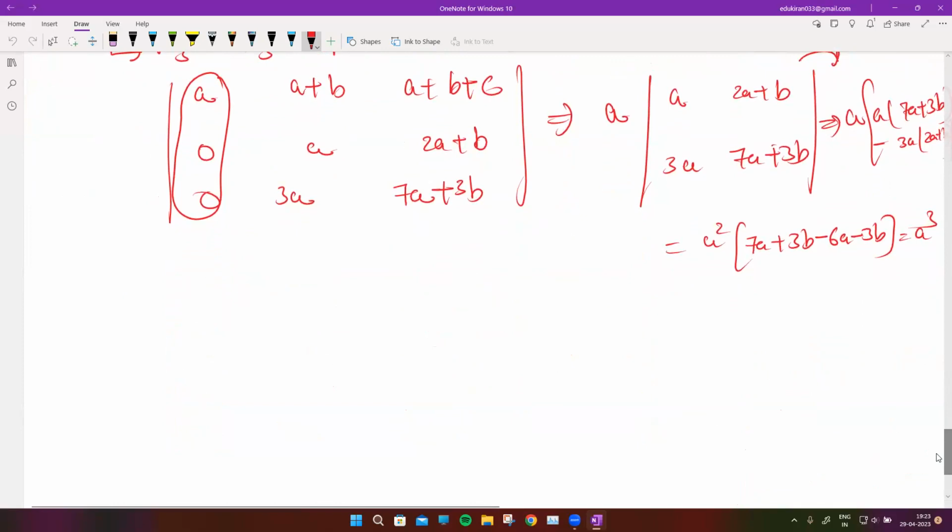One, what should be the initial mindset with which we have to start. We have to start with the mindset that there must be 2 zeros in a row or a column. And the second thing is how these transformations are changing the given determinant.